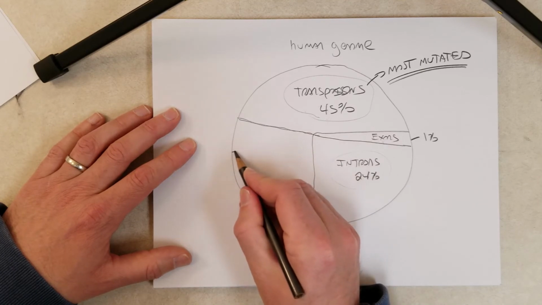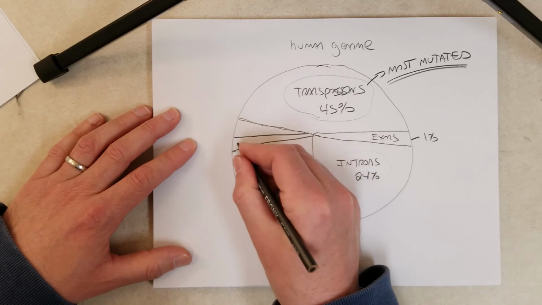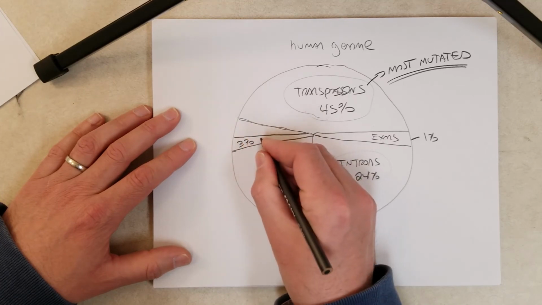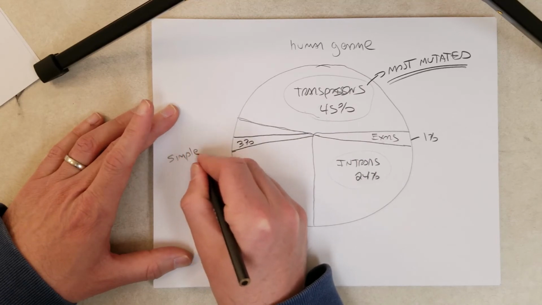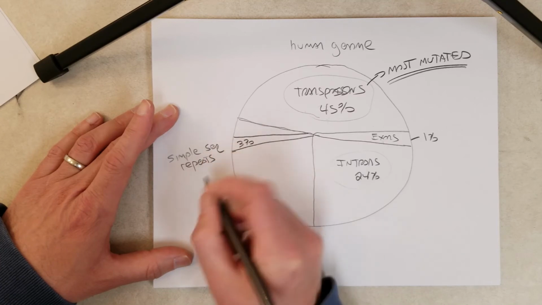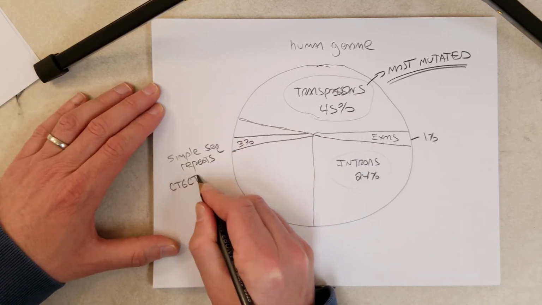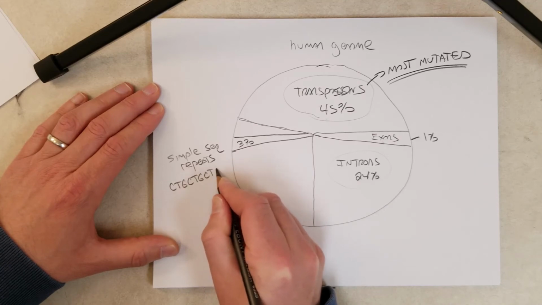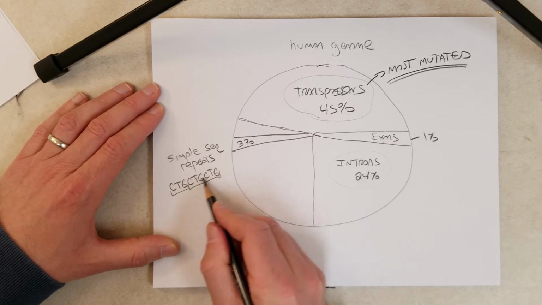So we have, for other components, 3% are what are known as simple sequence repeats. So these would be those sequences that, if you remember, expand by replication slippage. Like we have a CTG right here over and over again.